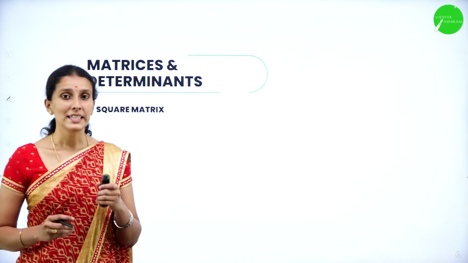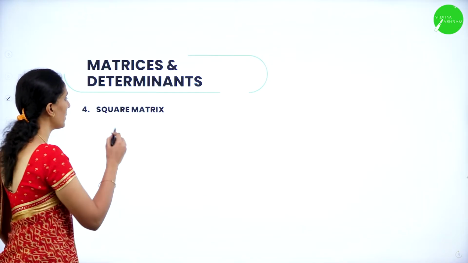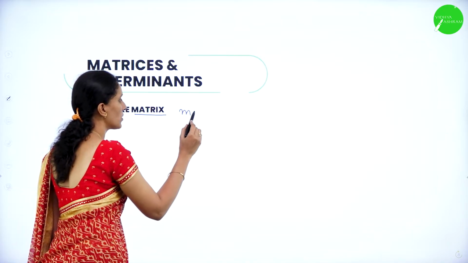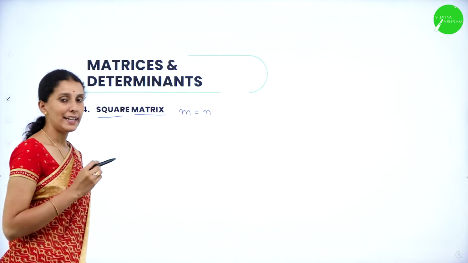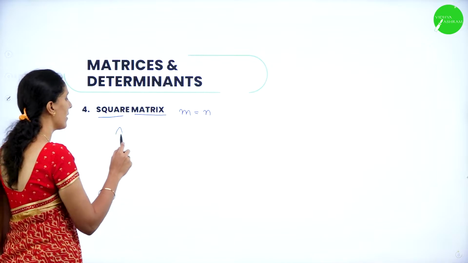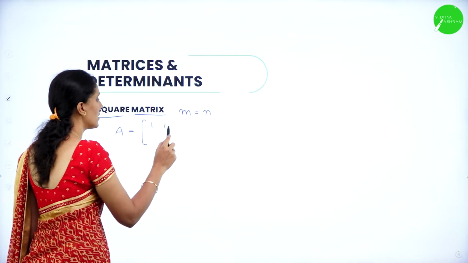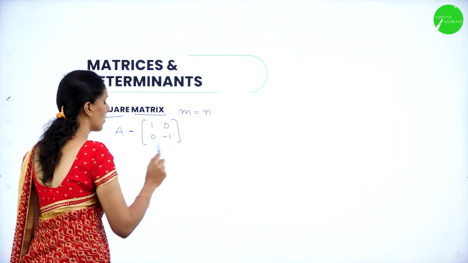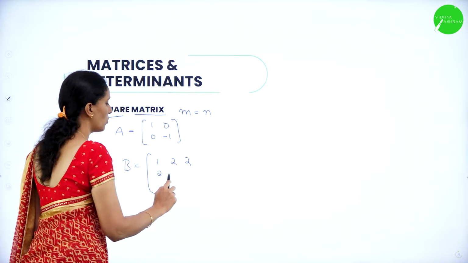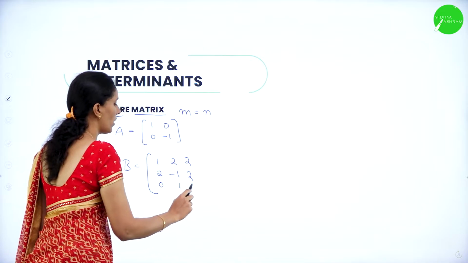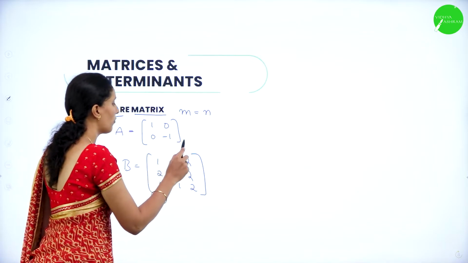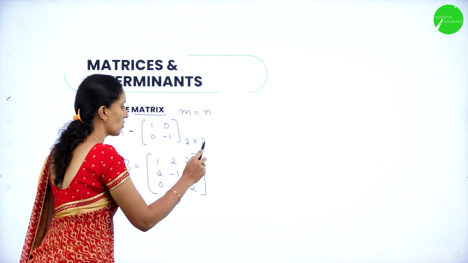Next, we come across the square matrix. So what do you mean by square matrix? A matrix in which the number of rows is equal to the number of columns is nothing but the square matrix. For example, A is equal to 1, 0, 0, minus 1. Or B is equal to 1, 2, 2, 2, minus 1, 2, 0, 1, 2. So clearly in the first example, the number of rows is 2 and the number of columns is 2.